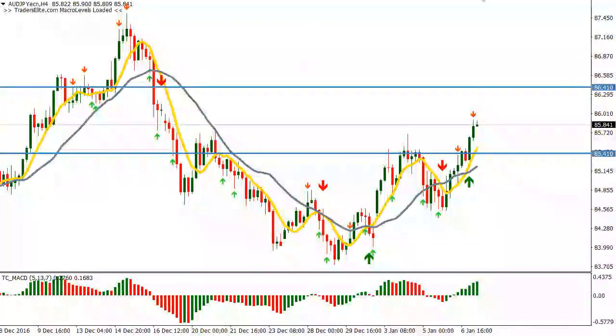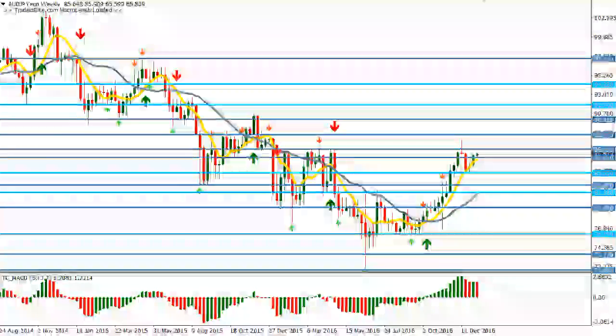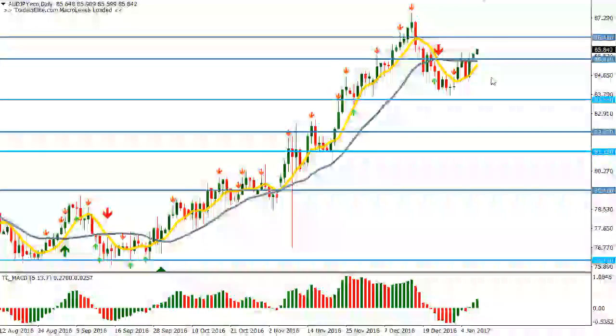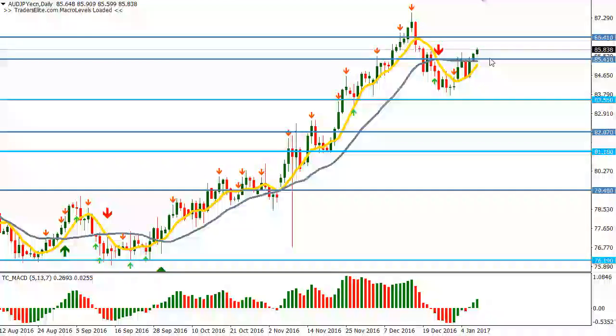Okay, Aussie yen. We can see here upward on the weekly, a new daily trend trade is debatably imminent at this stage, but that's only if price closes, over the next day or day and a half, at around this level or above, even a little below, but it wouldn't be as strong.